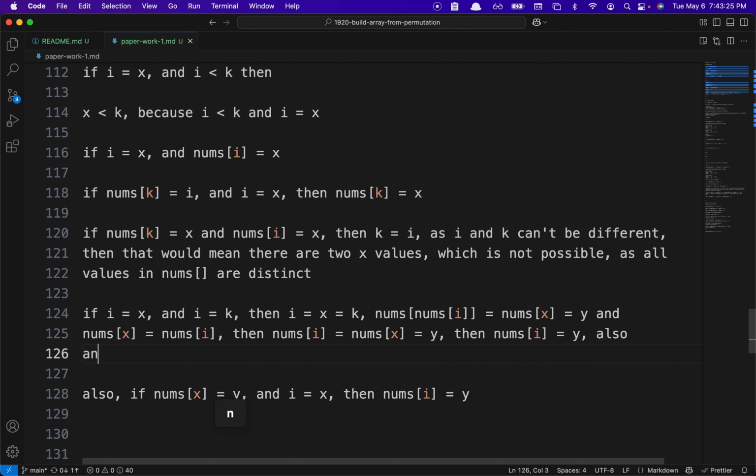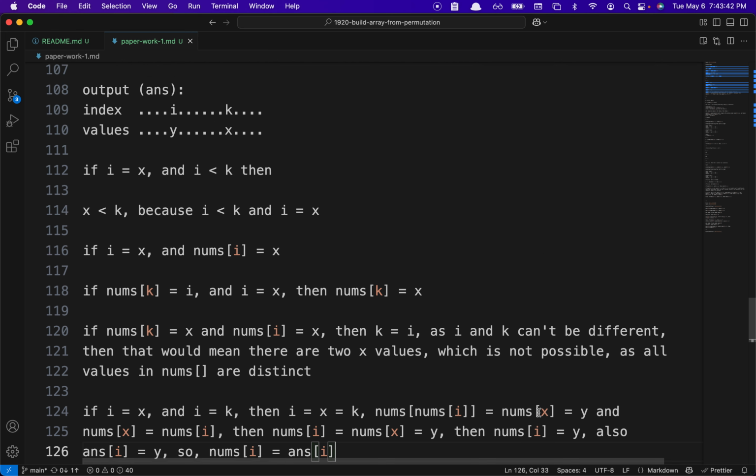Also, answer of i is equal to y. So nums of i equal to answer of i.